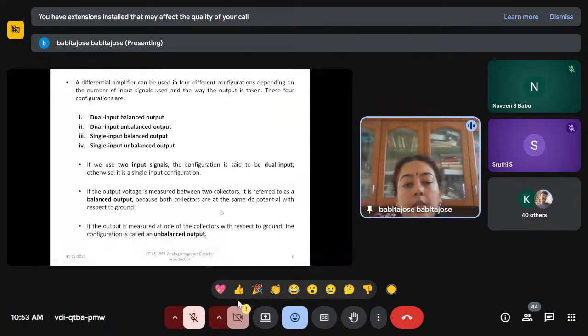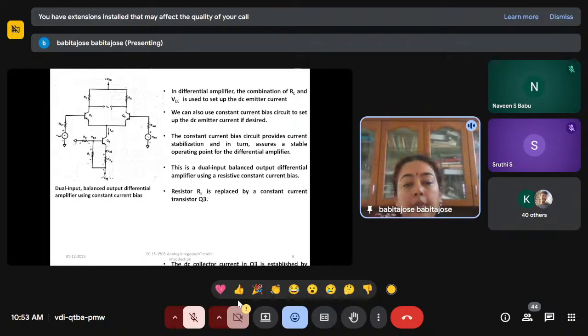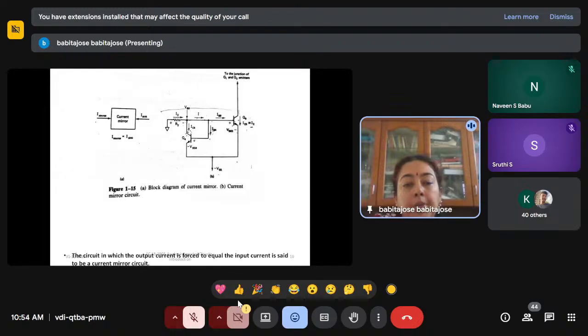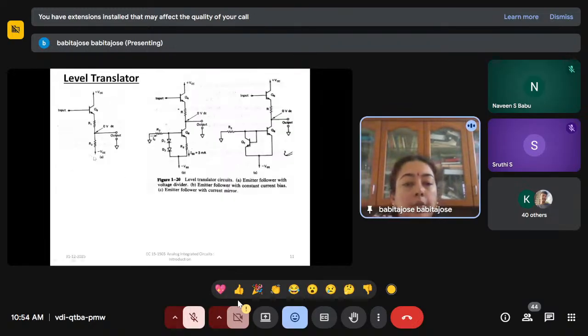We have three options or three circuits. Figure A is an emitter follower with a voltage divider, because the input is given here and the output is taken at the emitter, used with a voltage divider.